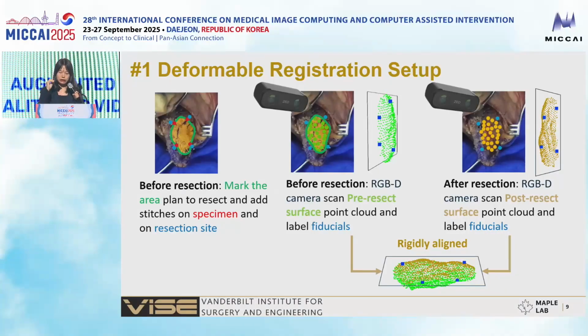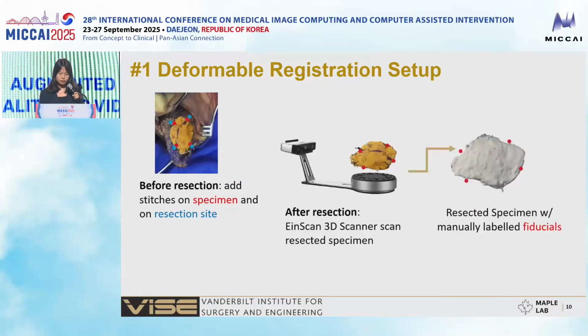We manually label the stitches, and these are shown as blue points here. After the resection, we go through the same process to obtain the post-resect surface as well as fiducial points. We utilize these fiducial points to rigidly align these two point clouds together, and this forms our target point cloud that will later be used to guide our deformable registration.